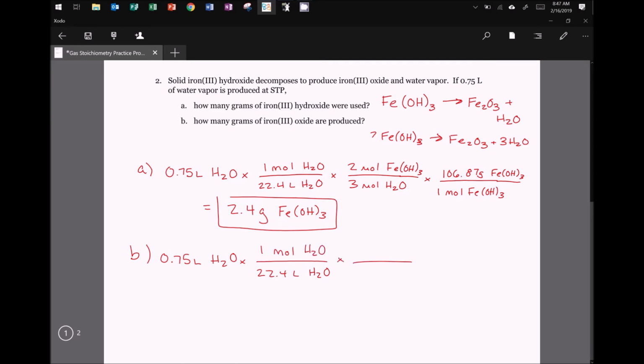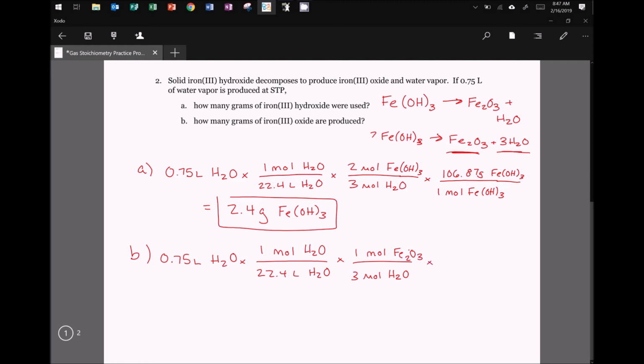And we can go ahead and make our comparison. This is the one I was trying to do earlier. So for every 3 moles of water, we have 1 mole of iron oxide.